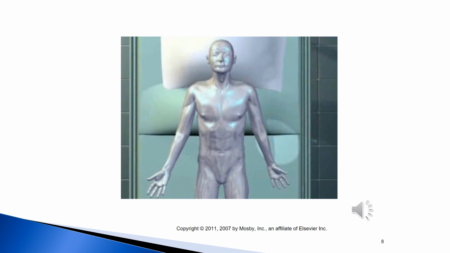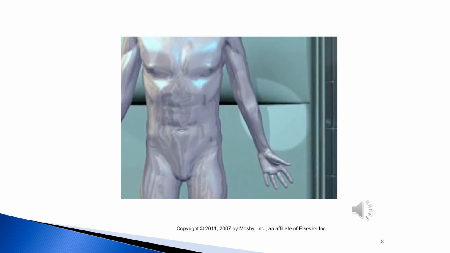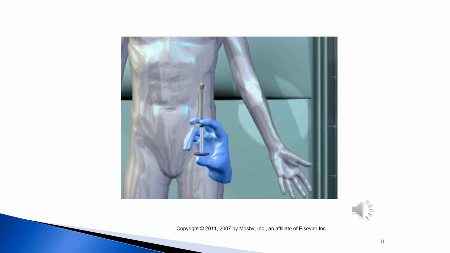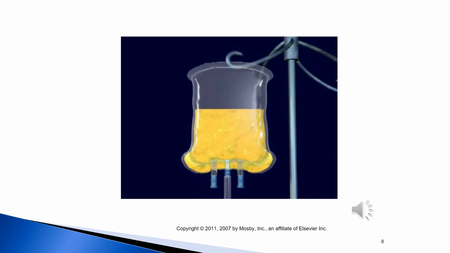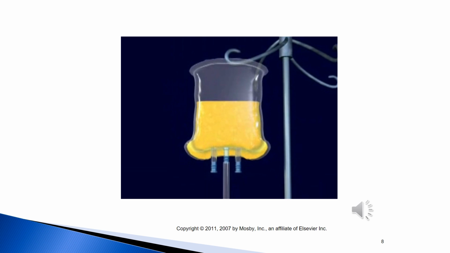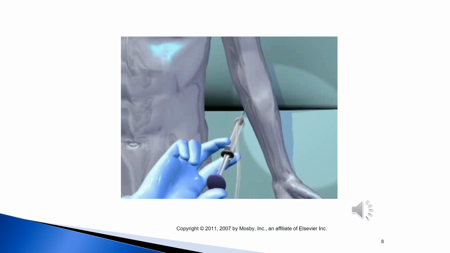A second medication frequently used to treat congestion is furosemide, a powerful diuretic that can be administered intravenously. The initial dose for an average-sized adult ranges from 40 milligrams to 80 milligrams.